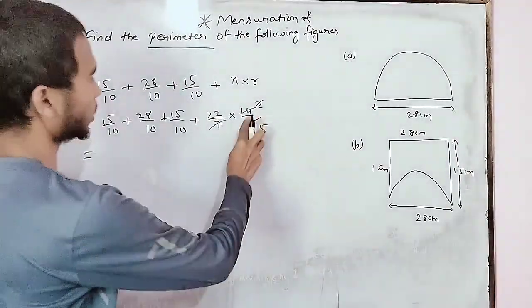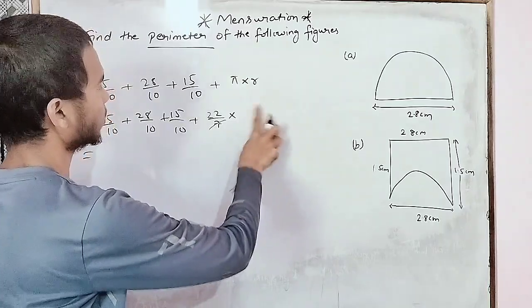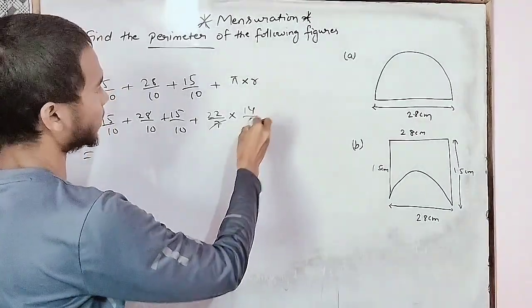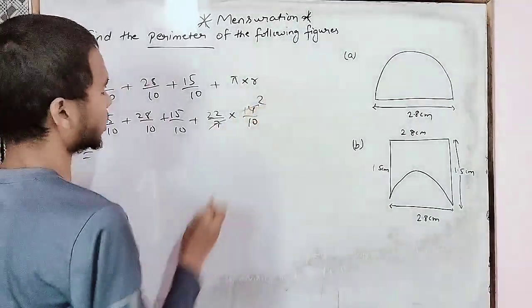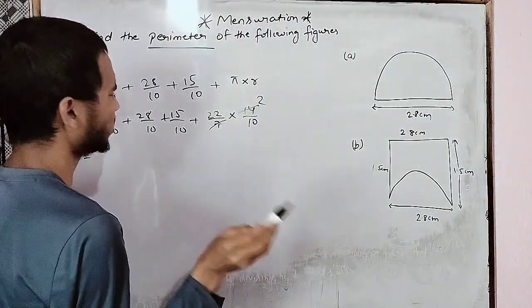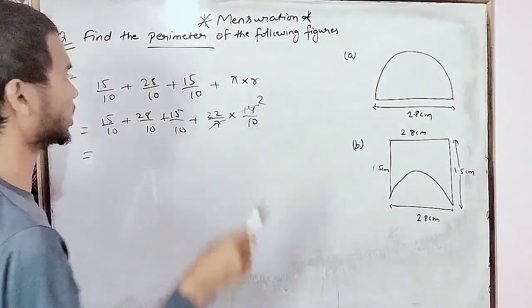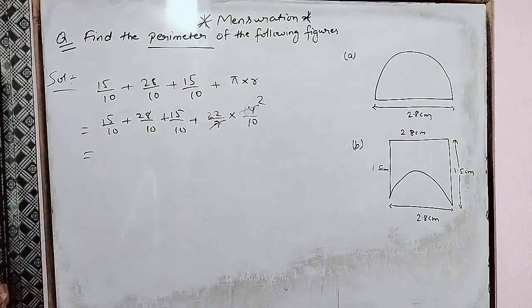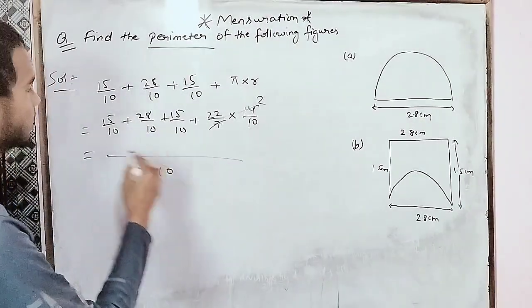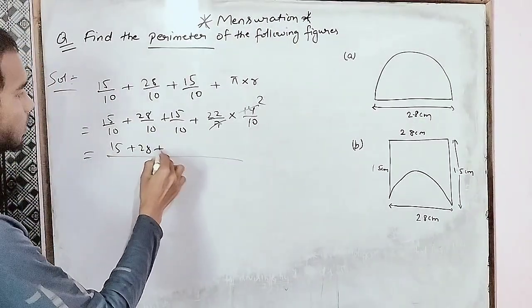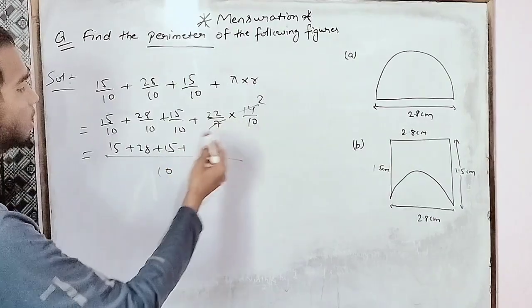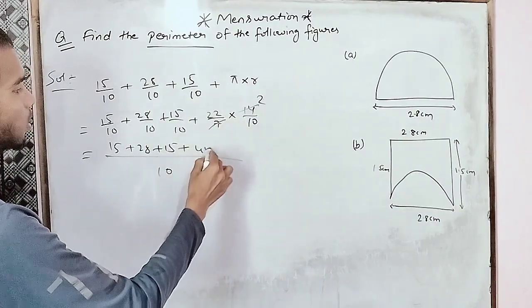Now, next what? 14 by 10, 7 into 14. 10 will be as it is because we have the denominator. Numerator by denominator, the denominator is 10 as it is. 15 plus 28 plus 15 plus 22 times 2 is 44.